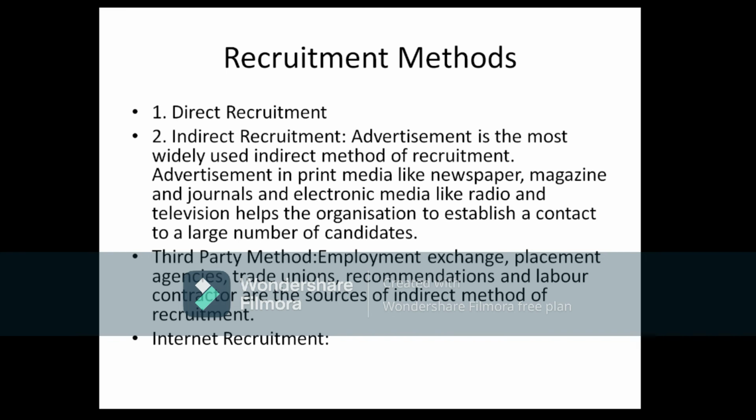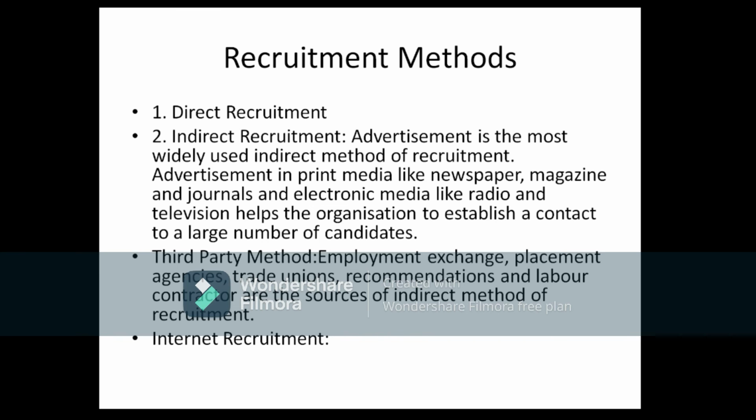Number 1 is direct method. In case of direct method, the companies or the HR manager have direct contact with the candidates. Campus recruitment is the best example of direct method, in which the company's representatives visit the colleges or the universities, and give a presentation about the company's profile, where the company is operating, and in which products the company is operating.